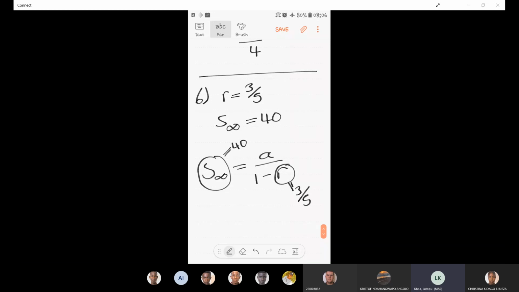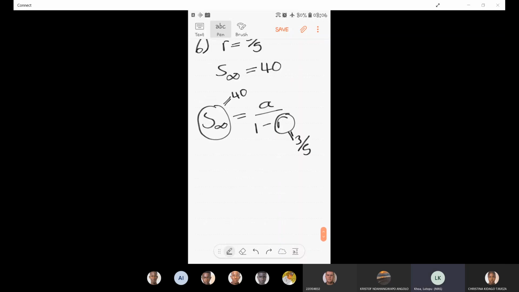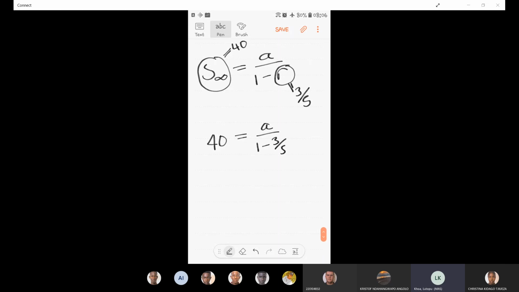It makes sense that it exists because my R here is less than 1. The absolute value of R is less than 1. So it makes sense. Then I just substitute everything. So I have 40. This is equal to A over 1 minus 3 over 5, and this is equal to the sum to infinity.